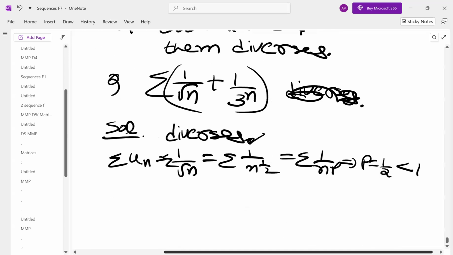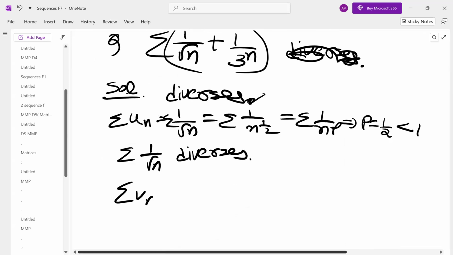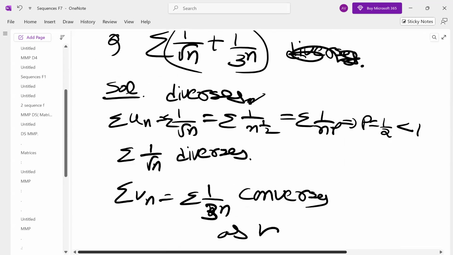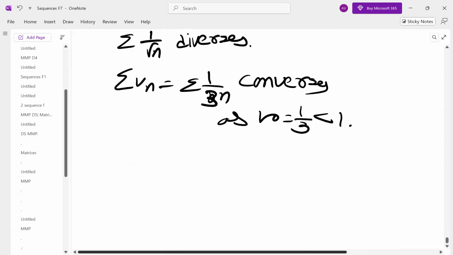Therefore, the summation diverges. Summation vn, 1 by 3 power n, converges. So this is how we apply this.